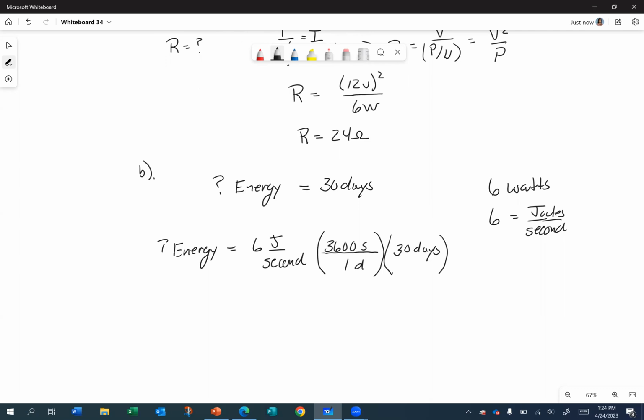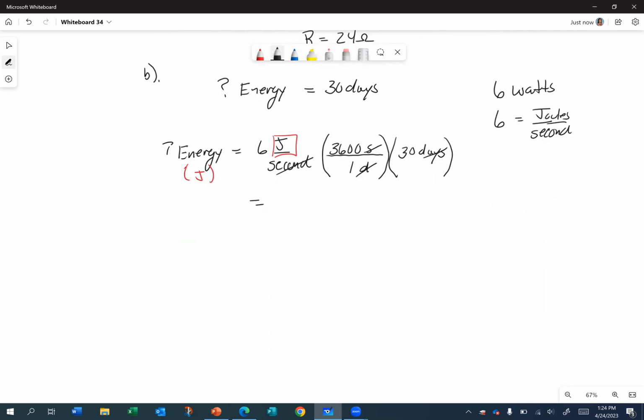But here we have 30 days. So the days cancel, the seconds cancel, and we're left with just units of joules, which is what we want. So just multiplying everything, 6 times 3,600 times 30, I get 1.56 times 10 to the 7th joules.